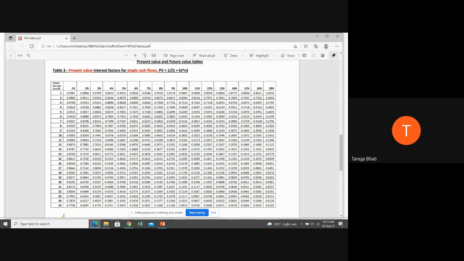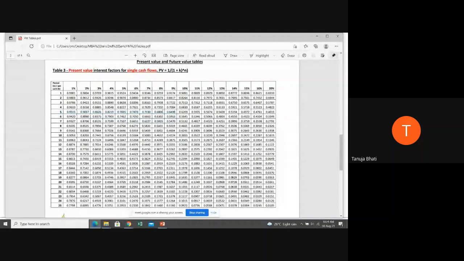The answer you're getting, suppose that is initial investment divided by average annual cash inflows. If your answer is 0.67, then you know that 67 is lying somewhere between 8% and 9%. Obviously, for 5 years, you have to see that particular row only, depending on what number of years is given in the problem.